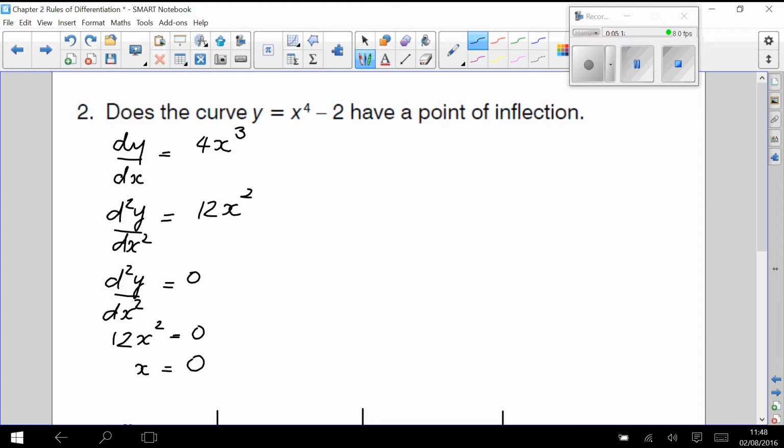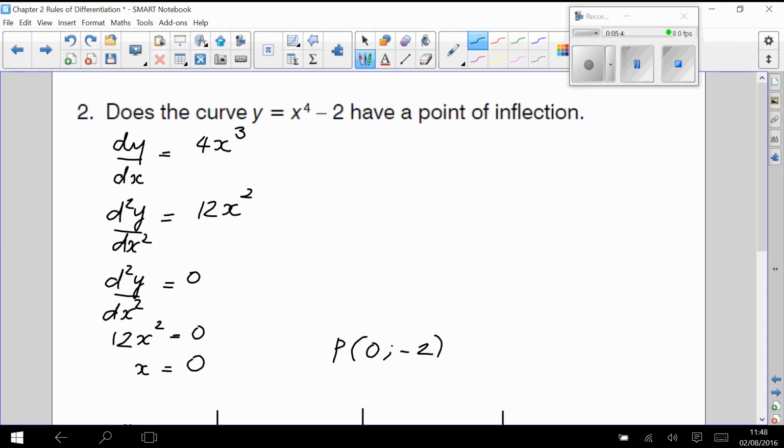Let's see now if this was a point of inflection. If I had needed to find the y-coordinate of this point, all I would have done is I would have taken that x value and substituted it into my curve. Well, you can see when x is 0, the y is minus 2. So the point in question is the point (0, minus 2).